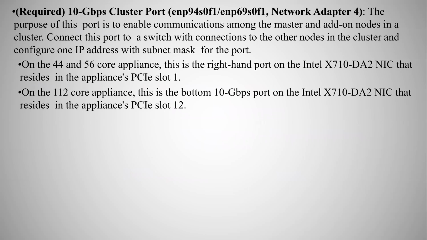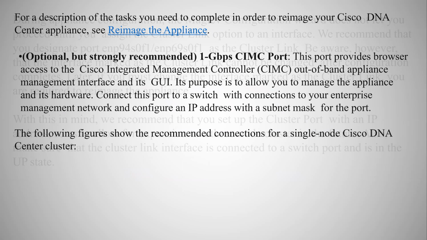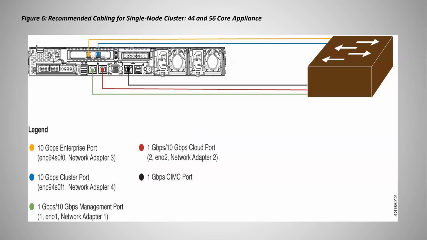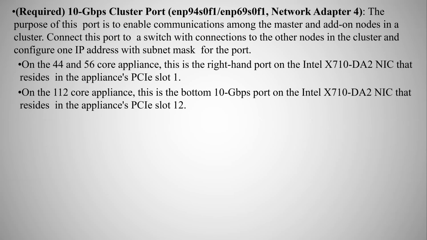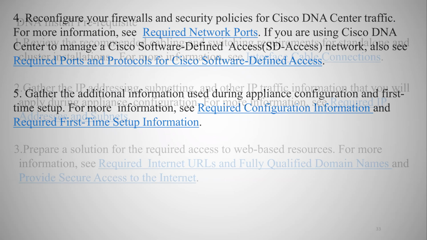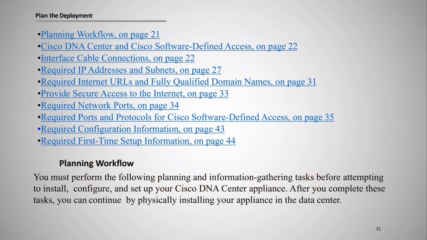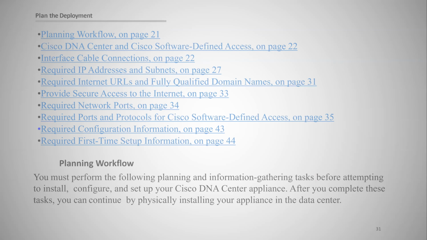Some are optional, some are required. Cluster port, CIMC port, and then how they are connected. So let's go back and move slowly. But I think you know how many ports there are and what the significance of those ports is.